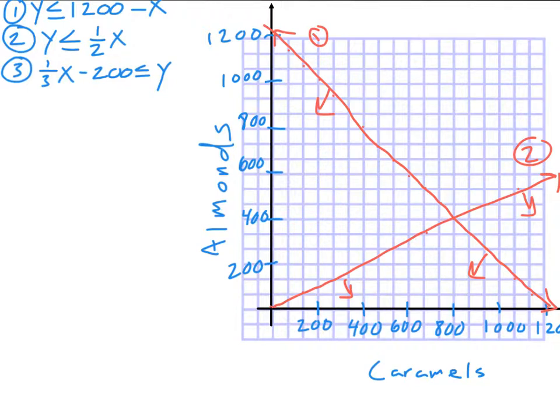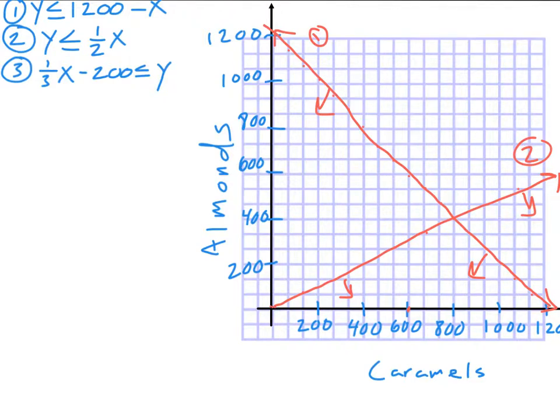Okay? Last one here is a little bit tricky. Okay, so normally I'd want to line up its y-intercept. That's negative 200. Okay, that's not on my graph. But now use its slope of a third. If I came up 200, okay, keep thinking of a third. If I came up 200, I would have to go over 600.